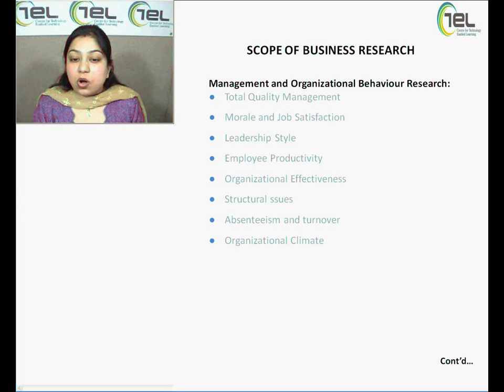Here also business research is useful, where you have to identify total quality management, morale and job satisfaction of employees, leadership styles in the organization, employee productivity, organizational effectiveness, structural issues, absenteeism and turnover, and the organizational climate.